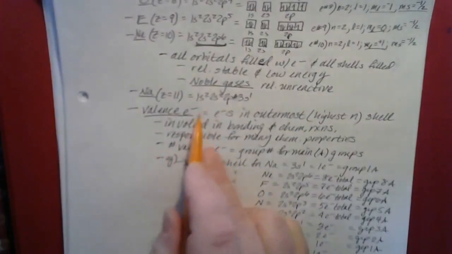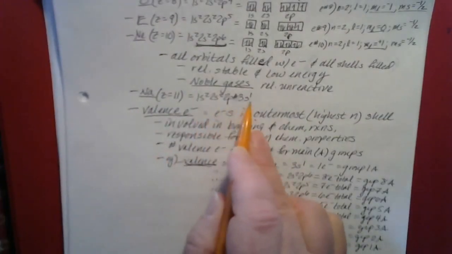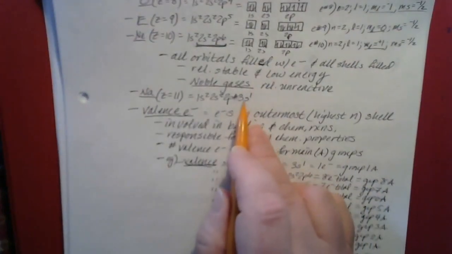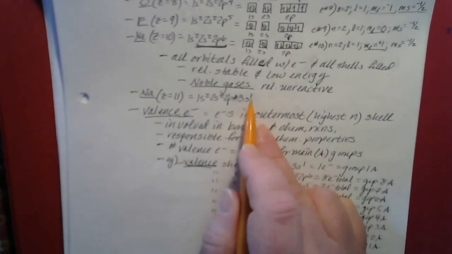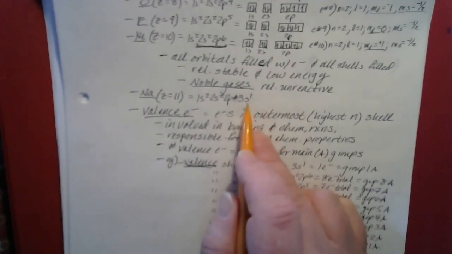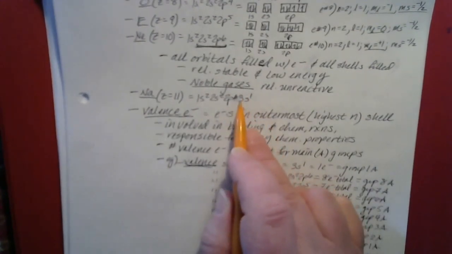The fact that the electron configuration ends in 3s1 also tells us that sodium is in group 1A because it has one electron in the valence shell, and it's in period 3.